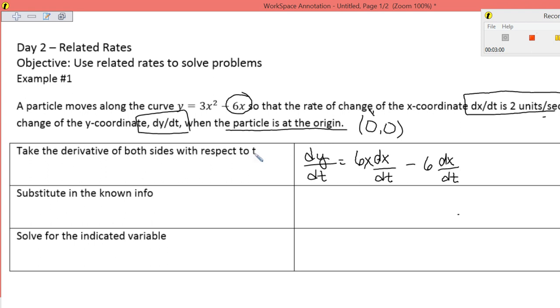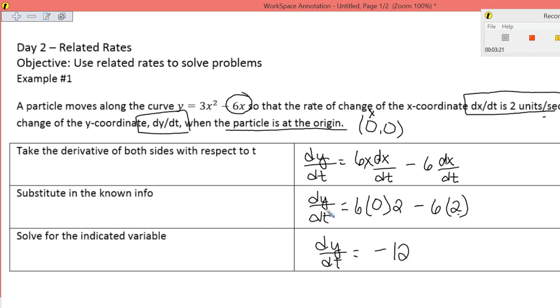So I'm going to do dy/dt is equal to 6 times x, in this case 0, minus 6, once again, times dx/dt, which is 2. So we get dy/dt is equal to negative 12, and units are important, so we're going to say this is units per second, because the only quantity that we multiplied by was 2, and the 2 is units per second.